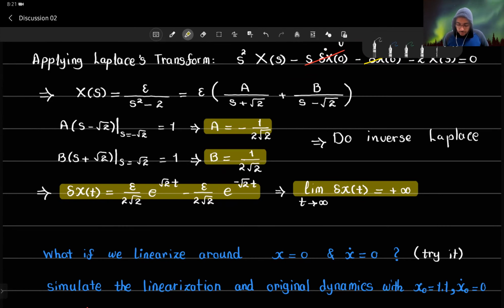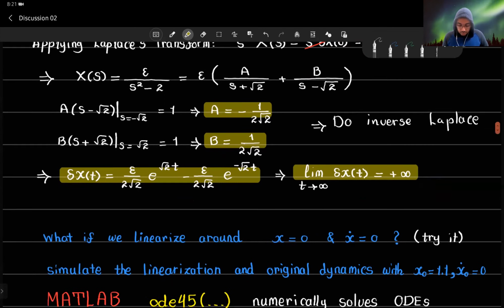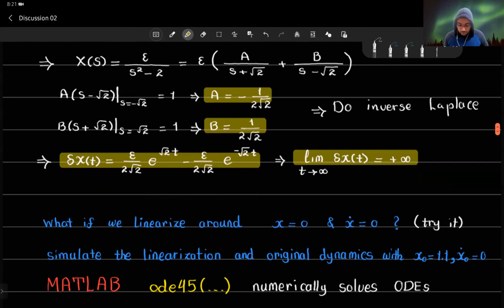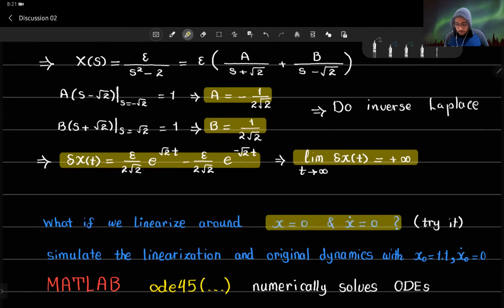And to understand that, let's try to linearize around, or I will leave you guys to do this. Try to linearize around x equal to 0 and x dot equal to 0, instead of x equal to 1.